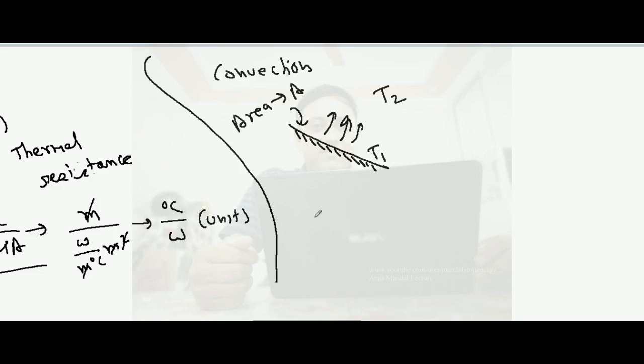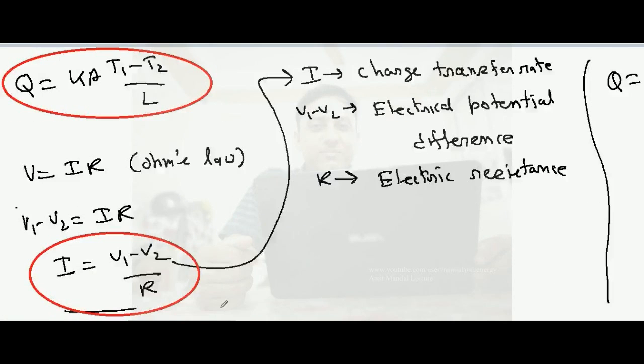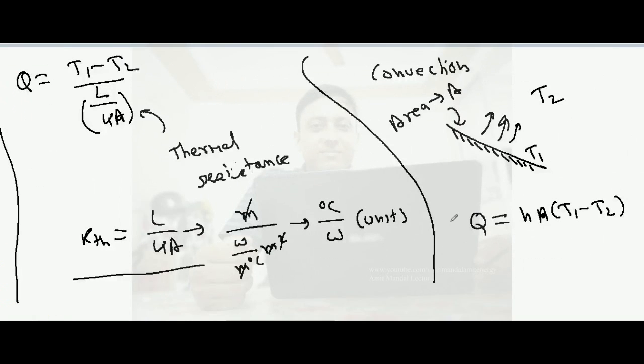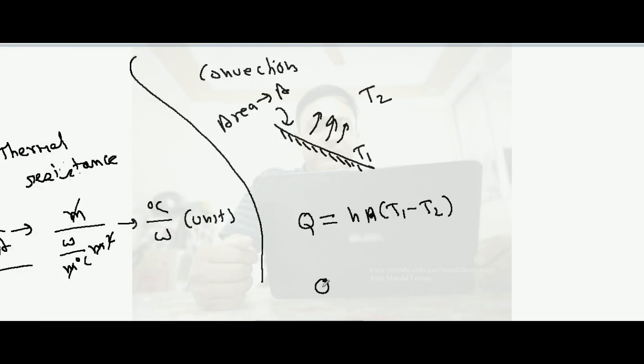The heat transfer rate formula for convection is Q equals HA times T1 minus T2. Here H is the convective heat transfer coefficient, A is the area, and T1 minus T2 is the temperature difference of the surface and the surrounding fluid. In case we want to compare this convection formula with Ohm's law, we can rearrange this formula: Q equals T1 minus T2 upon 1 by HA.